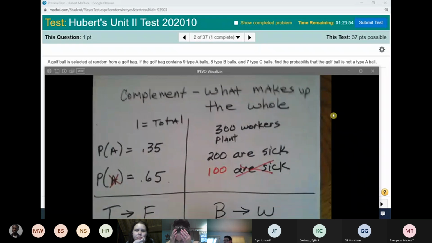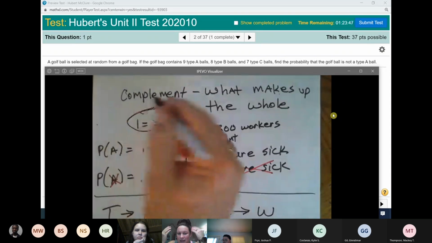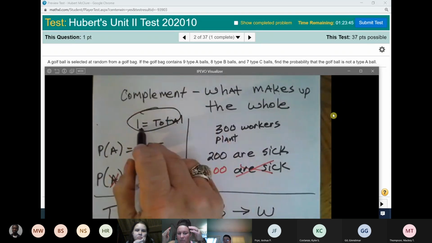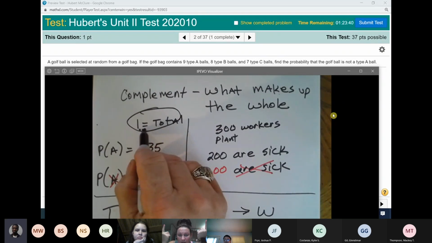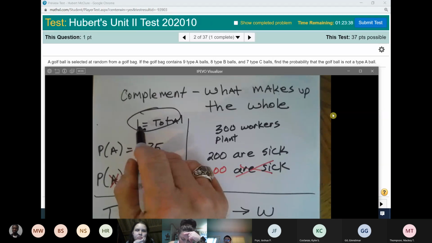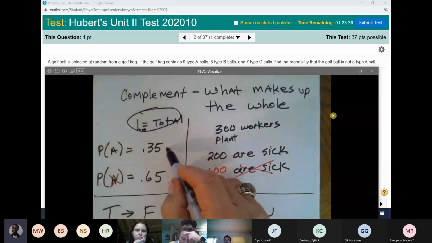Yeah, but I'm still lost when it comes to the numbers. Like, how do you take 0.35 and end up with 0.65? Is that like 100 subtract 0.35 and you end up with 0.65? What's the total in probability? 1. So what's $1 minus 35 cents? 65 cents.